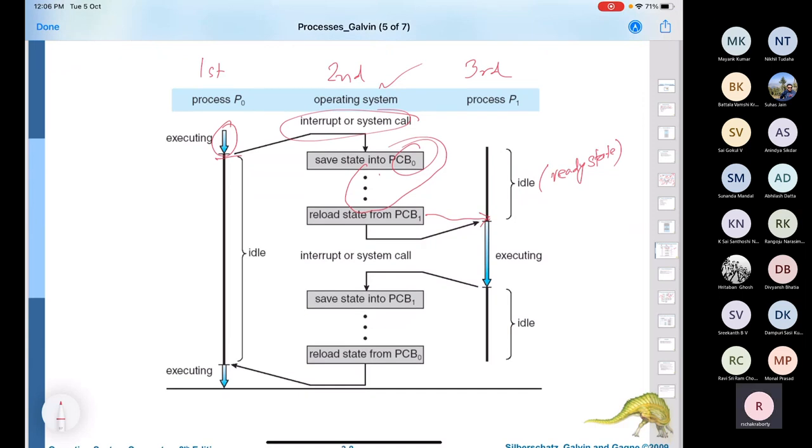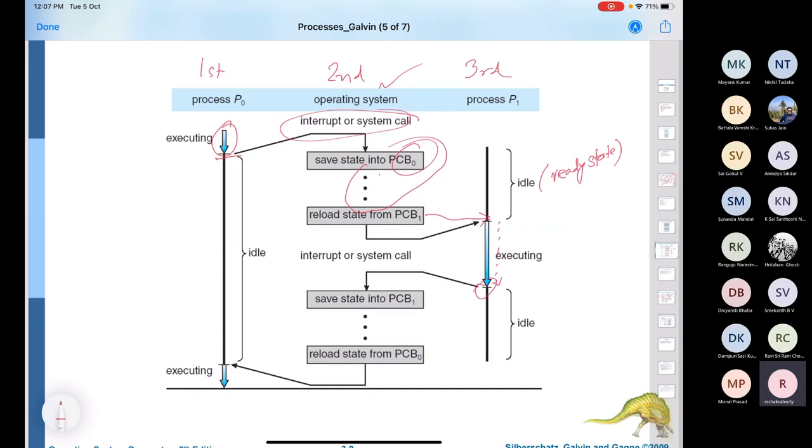From this point onward, process 1 starts running. It runs for some time, but again at this point there is an interrupt or system call. Again the operating system takes back control, helped by the interrupt mechanism of the microprocessor. It saves the state of process 1 into PCB1 and puts it on the ready queue maybe, and does some more work.